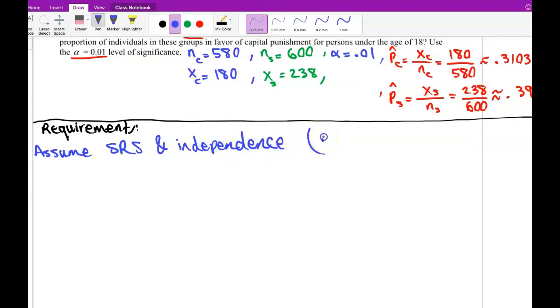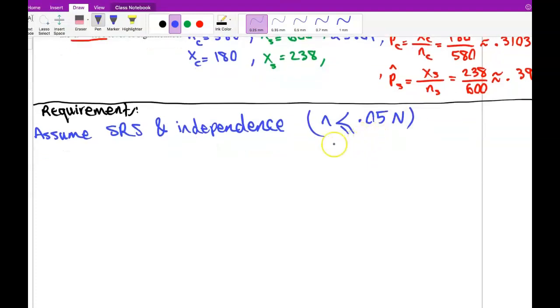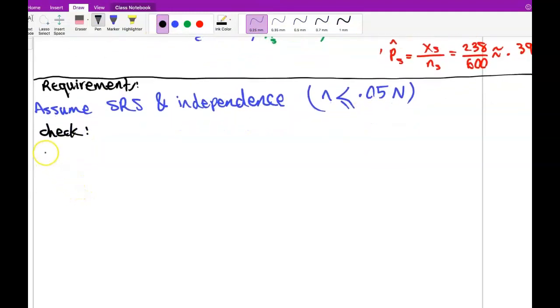What that means is we have sample sizes less than or equal to 5% of the population size. Okay, then next, N times P hat times Q hat should be greater than or equal to 10.